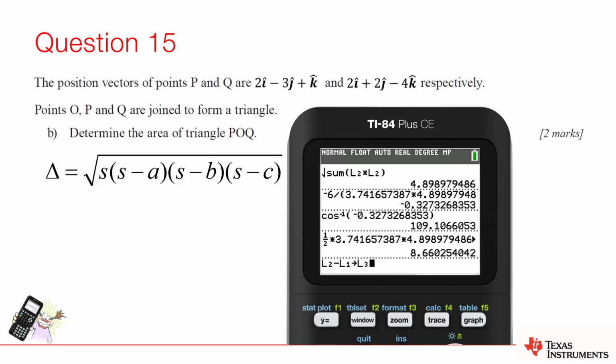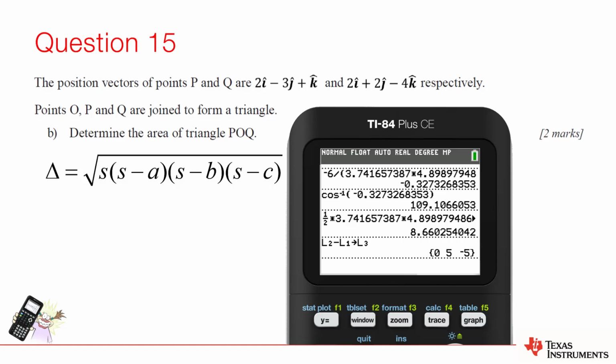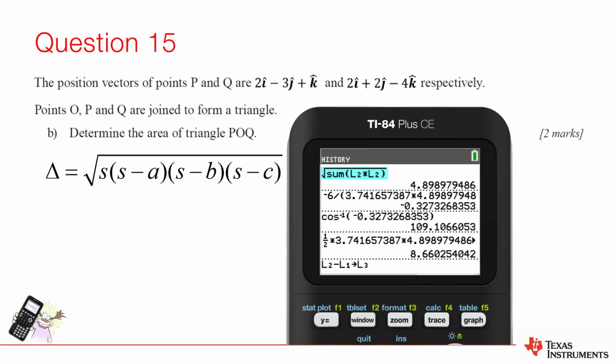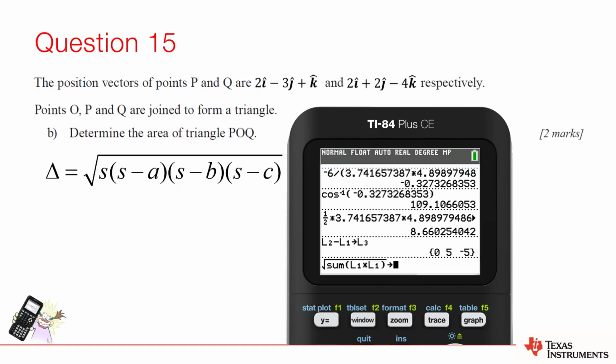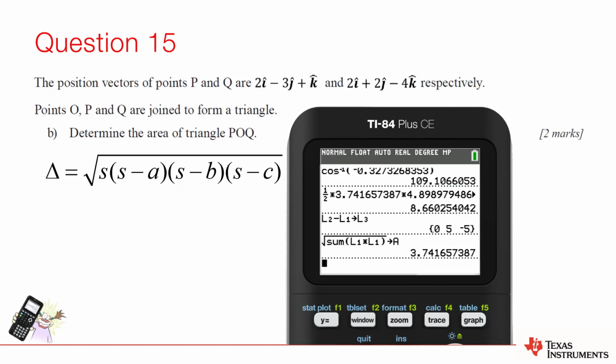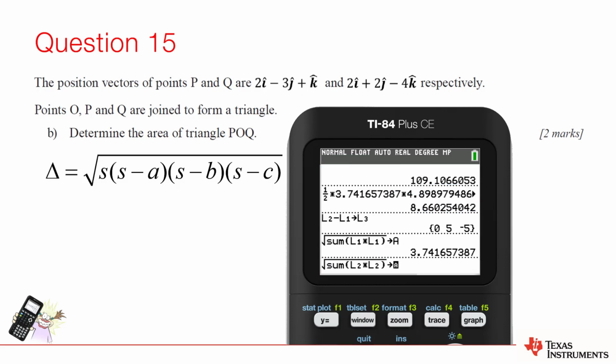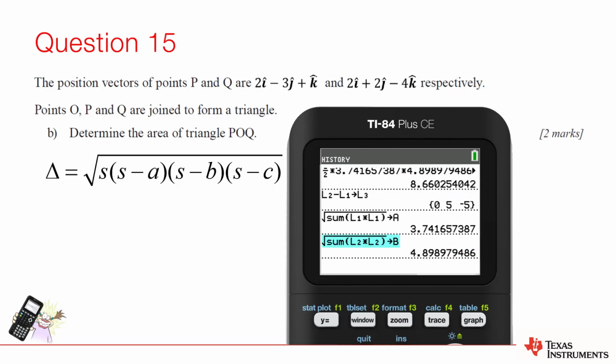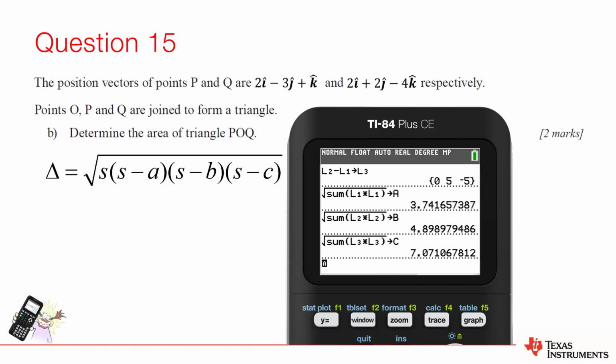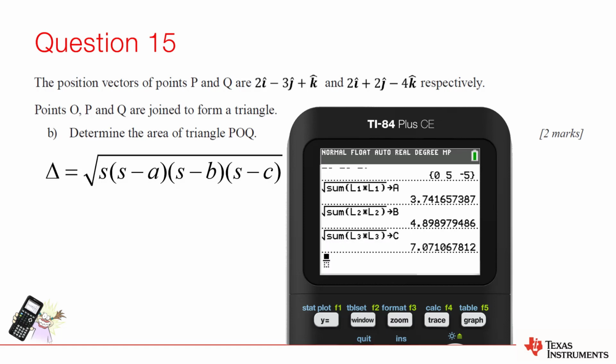Now I can store all the magnitudes of these vectors, or their lengths, in A, B, and C, and the semi-perimeter in S.